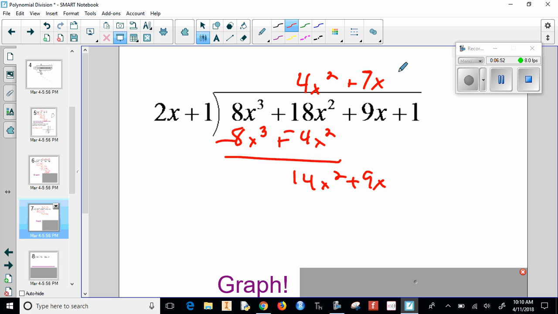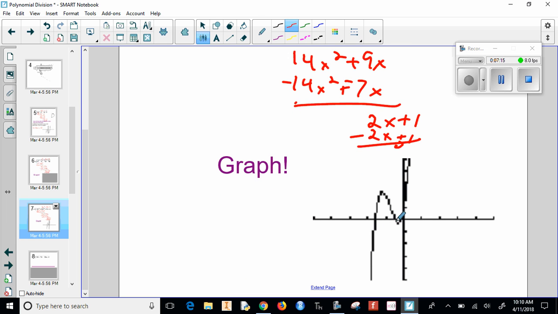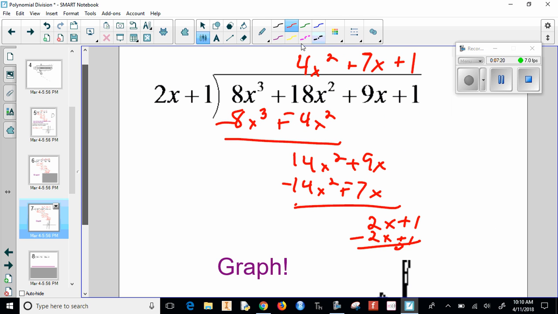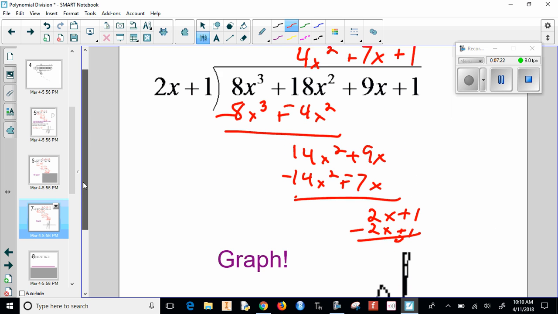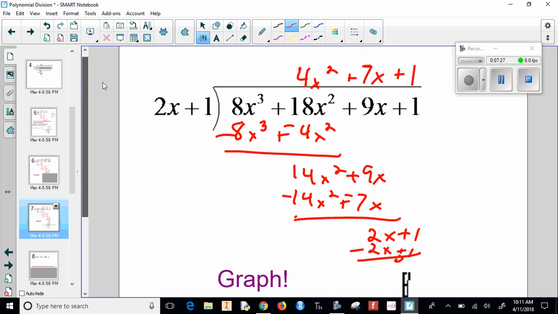And I have 14x squared plus 7x. Subtract it out. I have 2x plus 1. So I have a plus 1 there. And all of these have worked out wonderful. Now, when we graph these, we know that this one has a 0 at negative 1/2. So that would be the 0 right there. We could factor this value to find out what the other two zeros would be, here and here. Or if the factoring doesn't work, you'd have to use a quadratic formula.